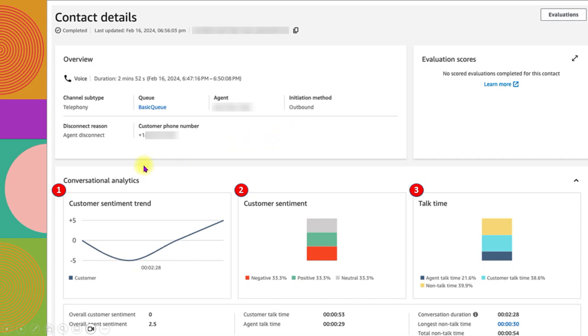And we see here from the conversation analytics the customer sentiment trend. He started out kind of on zero, and then he or she started expressing his concern and unhappiness. Then towards the end of the call, he started getting happier because his problem got fixed.